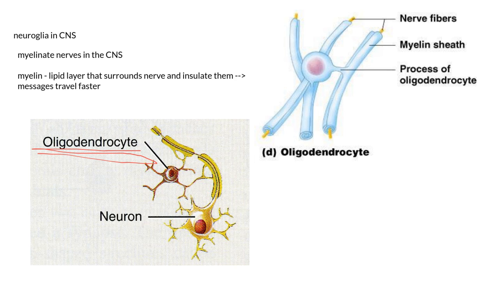And if we look at the difference here real quick, I want you to see how that one oligodendrocyte is myelinating multiple nerves and multiple areas of the nerve. So in the peripheral nervous system, this will look a little bit different, but you'll see how it's a process of the oligodendrocyte that reaches out and wraps around it.